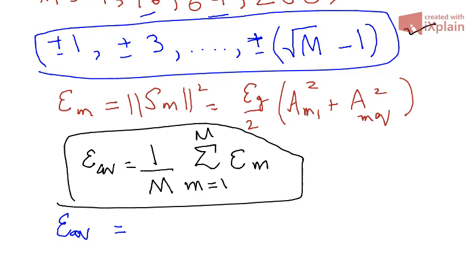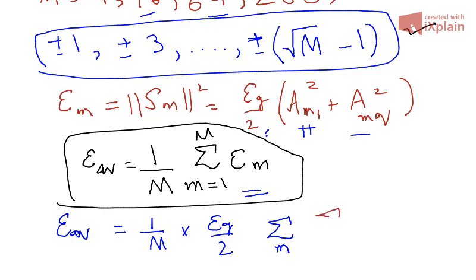It is 1 over M, divided by the total number, and the summation for all m, right? But here we have two variables, m and n, so actually we have two summations. Eg over 2 is still there, a kind of constant, and we have a summation for all values of m, and another summation for all values of n.